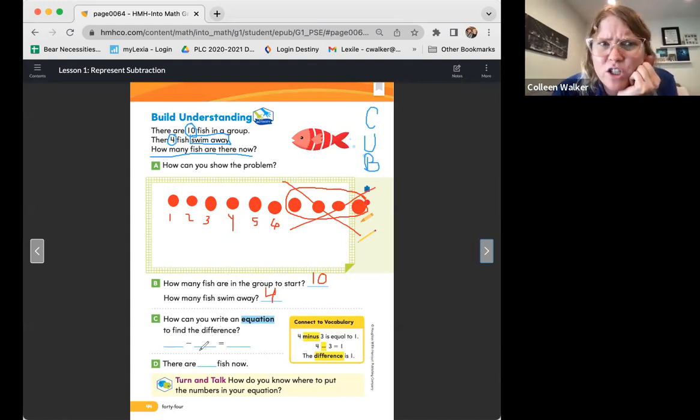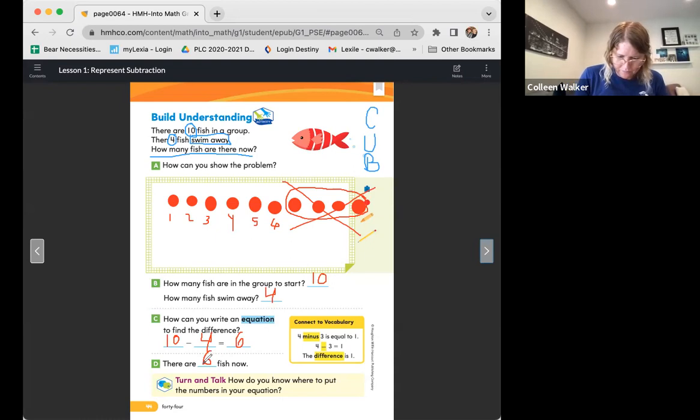So how many fish did we start with? 10, that's right. So that's the number we're going to start with in our equation. And then how many fish swam away? 4, that's right. And then when we counted up how many fish were left, how many did we count? 6, that's right. So how many fish are there now? Yes, there are 6 fish now. Awesome.